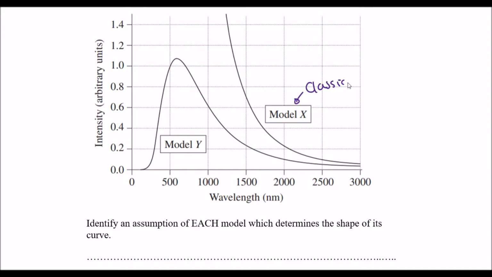Old classical physics basically predicts that energy is related to intensity. And so if I'm heating something up more and more energetically, it's going to vibrate more and it's going to emit a greater intensity of light or more energetic light.